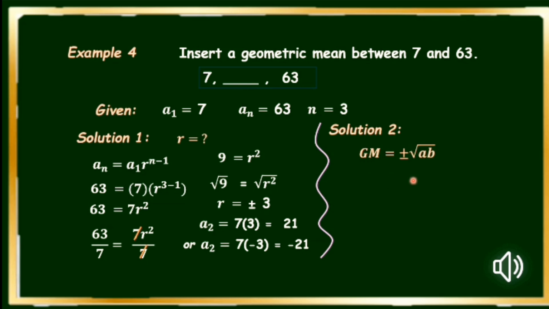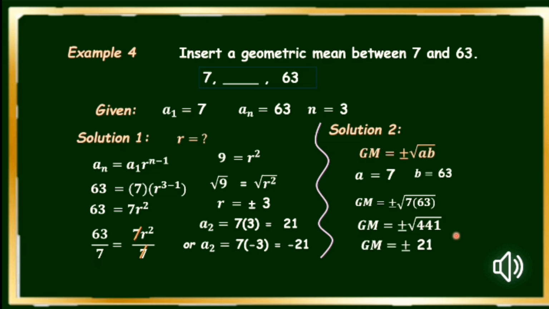So, if we use this formula, then the geometric mean is equal to positive or negative square root of A times B, 7 times 63. So that is positive or negative square root of 441, and that is positive or negative 21.